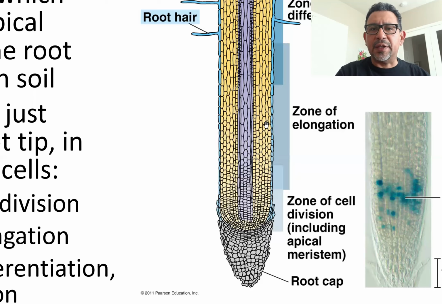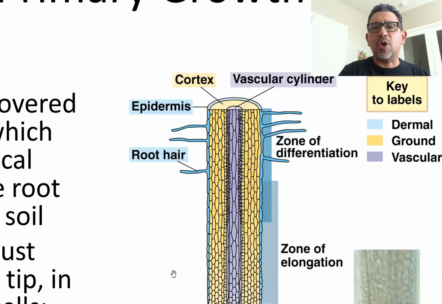Again, some of these cells are going to have different functions. Here we're looking at this yellow section, which is going to be part of the cortex. It's going to be a type of ground tissue. And here in purple, we're going to be seeing the cells of the vascular cylinder of a root. As we continue to go higher up, we're going to be finding the zone of differentiation, where cells have by now been around long enough that they have acquired their own mission in the life of the plant.